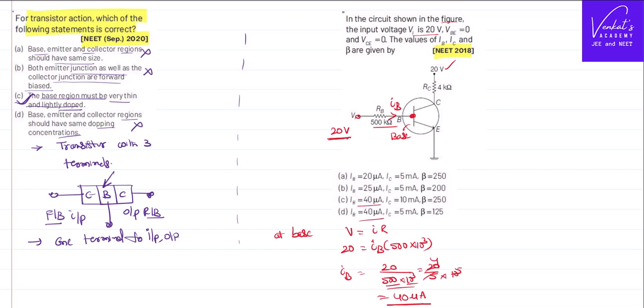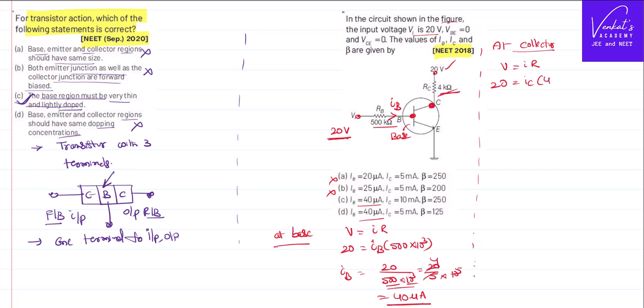So both of these are possibly right options, and these two are definitely wrong options. We are able to eliminate two options. Let's work out the same at the collector part of the given circuit. I have worked at the base. Again, V is between this and this. Here the voltage is given as 0, therefore the voltage difference is IR, that is 20. I collector I have to find out.